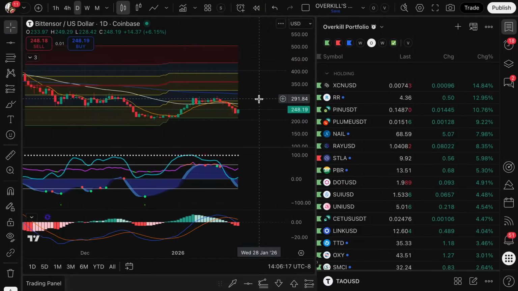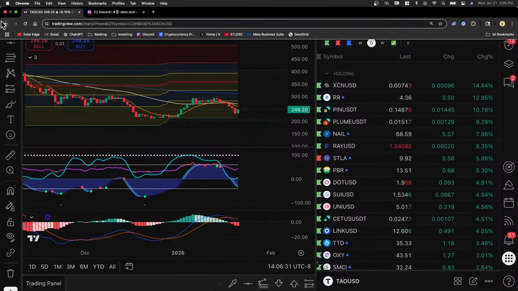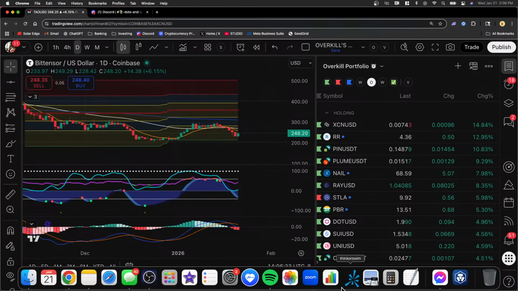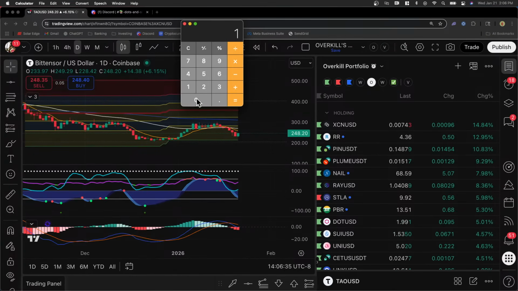Like I said, the only time I feel bad about a position or worried about a position is if I'm over positioned. If it's 50% of my portfolio, then I'm like, oh my gosh, if it goes down, I'm freaking out, right? But you got to think, if you use that 2.5% rule, 10,000 times 0.025 is 250.